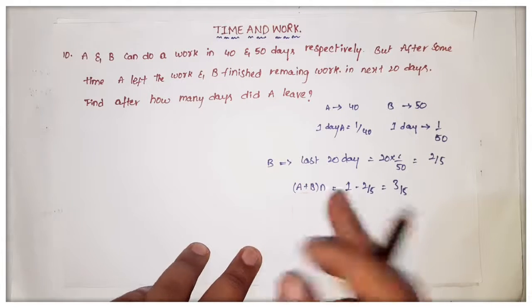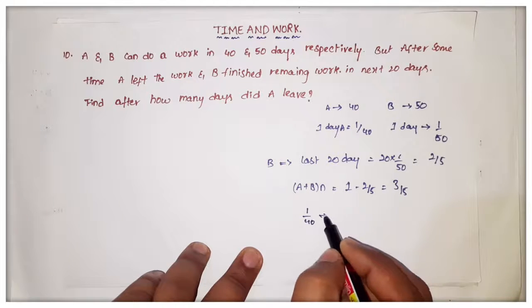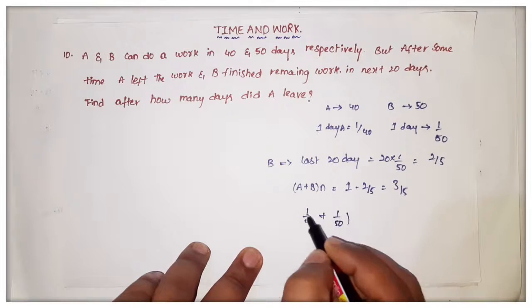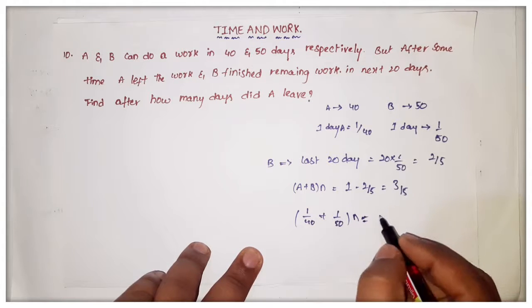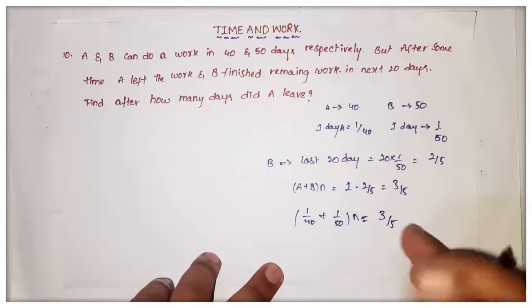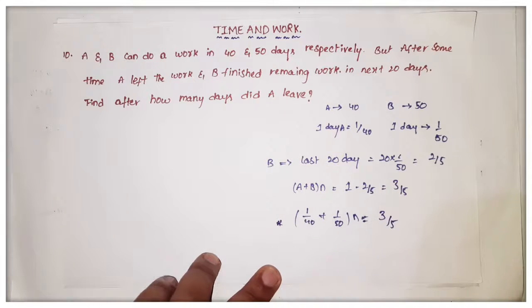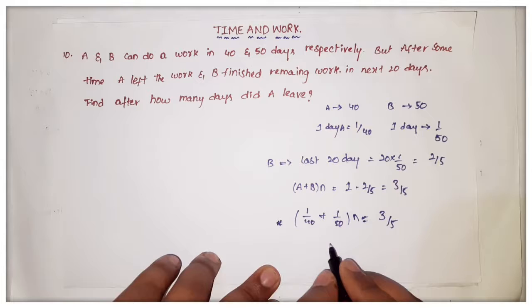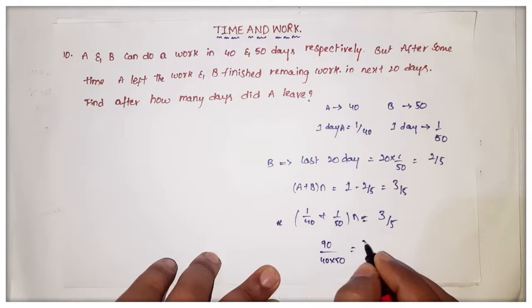So what is the work done by A and B? 1 by 40 plus 1 by 50, into n, which we are going to calculate, is equal to 3 by 5. So this is the equation. If we write this equation, we can easily find out the answer. So what is the answer? 90 by 40 into 50, into n, equal to 3 by 5.